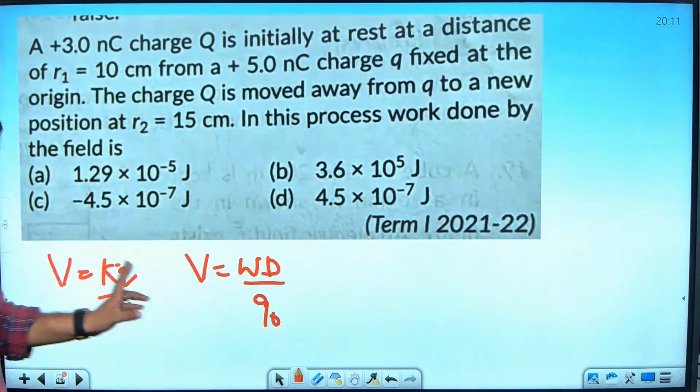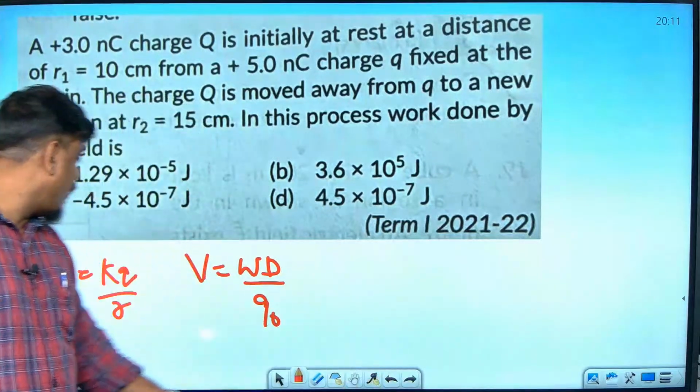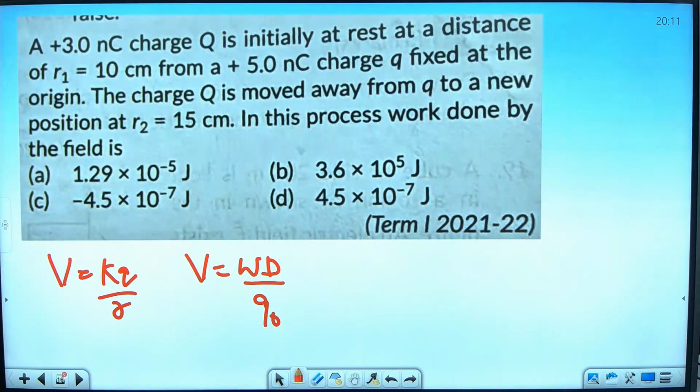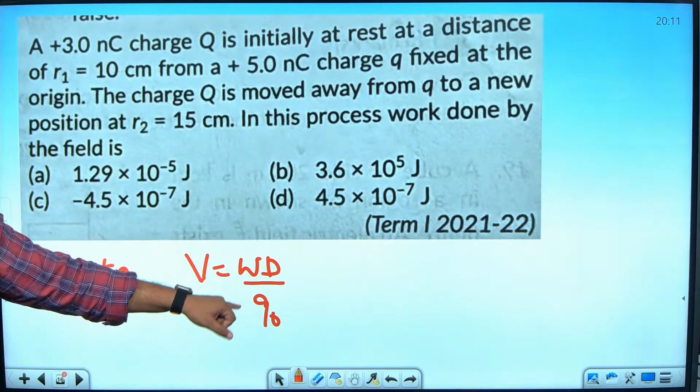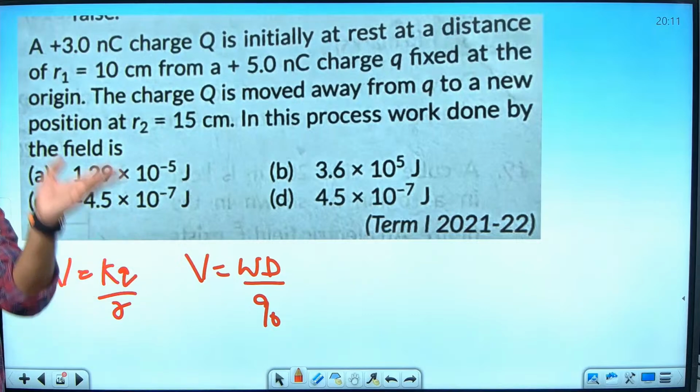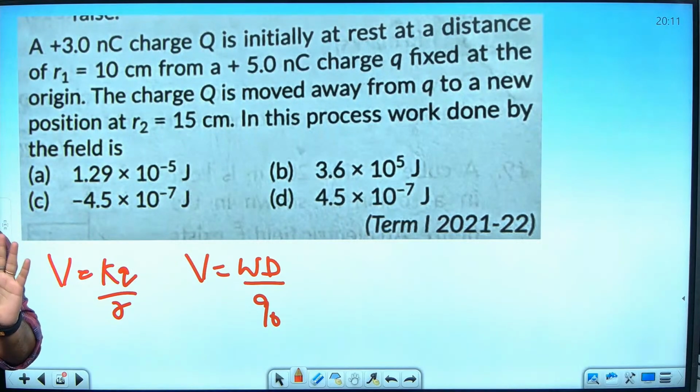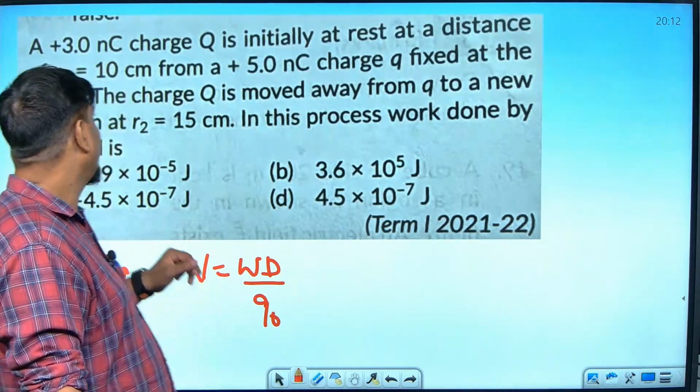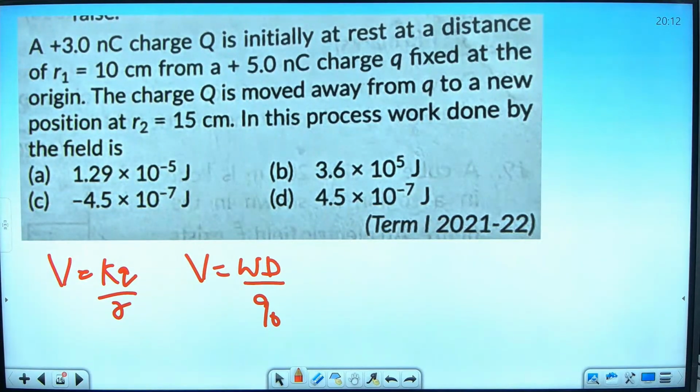No. This Q is the charge of which you are finding the potential. Q naught is the charge that is being moved from one point to another, or from infinity to that point, isn't it? So see properly, you will understand what the question says. Here, a 3 nanocoulomb charge is initially at rest at a distance R1 of 10 centimeter from a 5 nanocoulomb charge fixed at the origin.